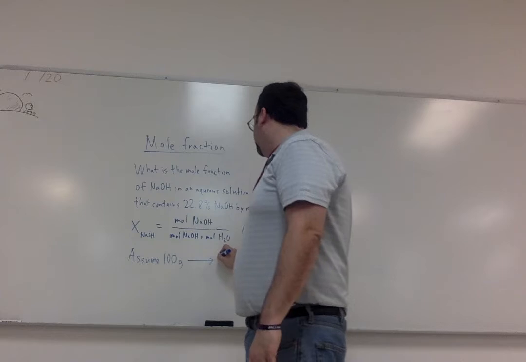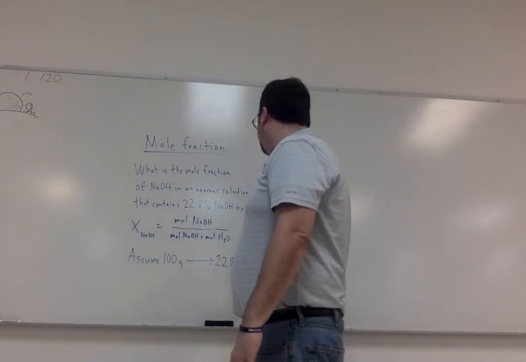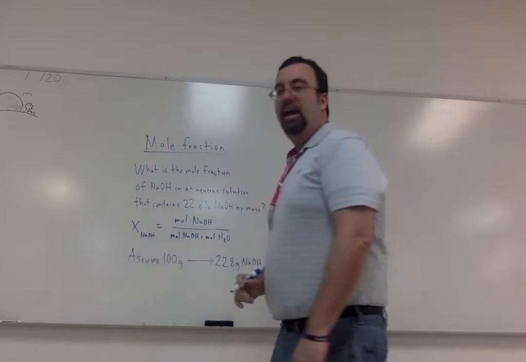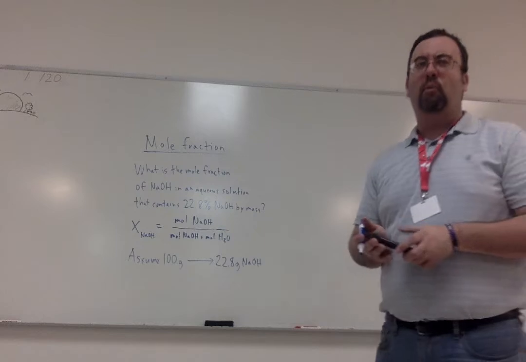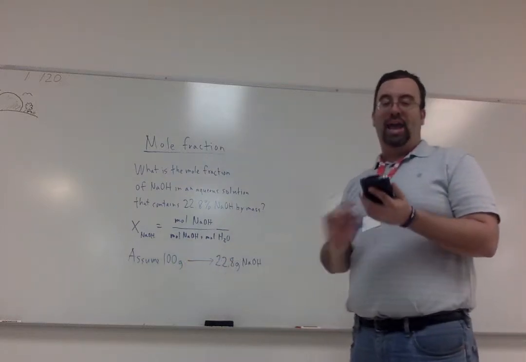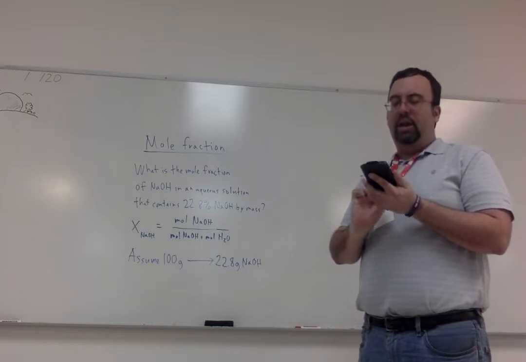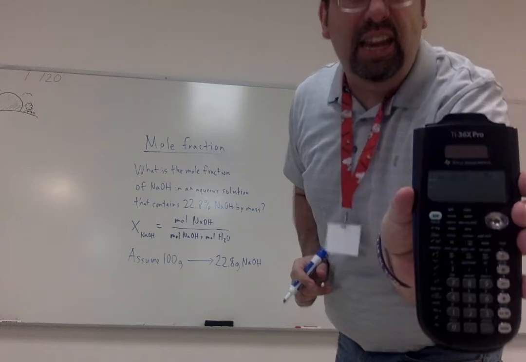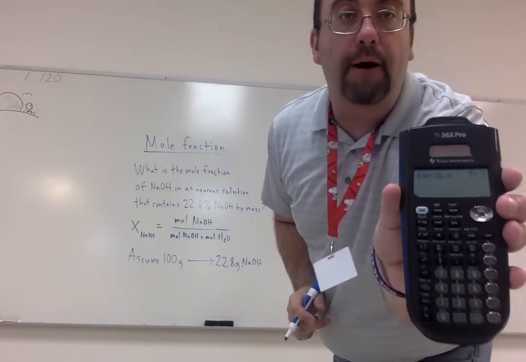And so we have 22.8 grams of sodium hydroxide. And therefore, if we want to, we can figure out how much water we have. We have a total of 100 grams. 22.8 of that is sodium hydroxide, sorry. And so we end up calculating that we have 77.2 grams of water.